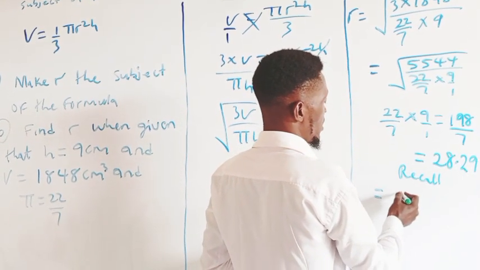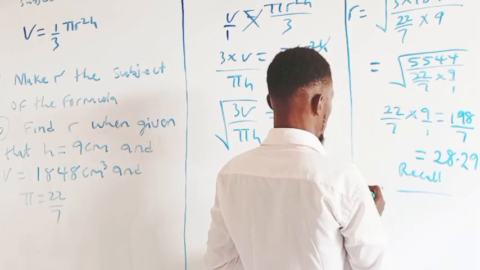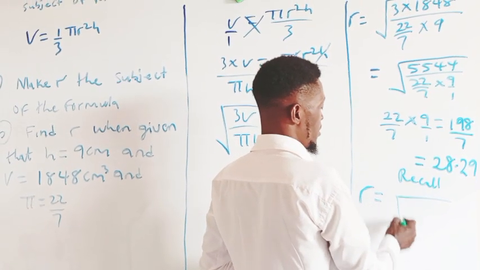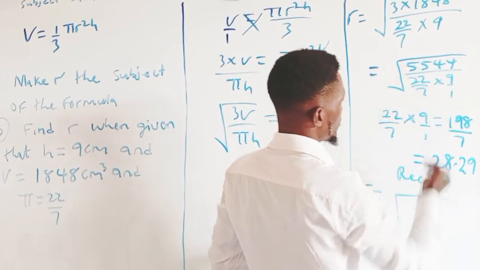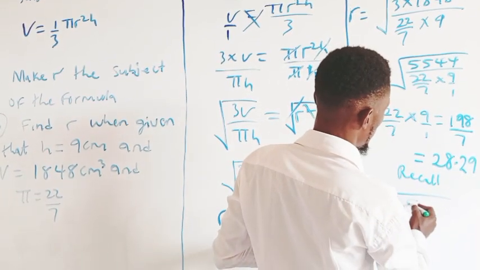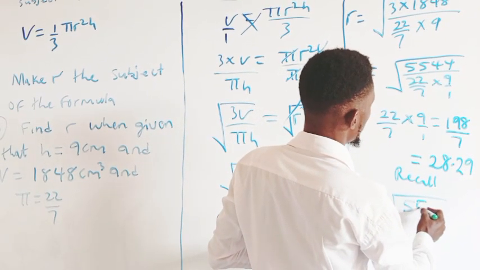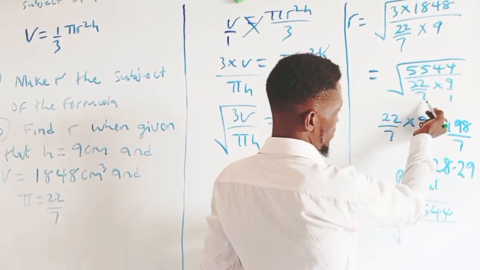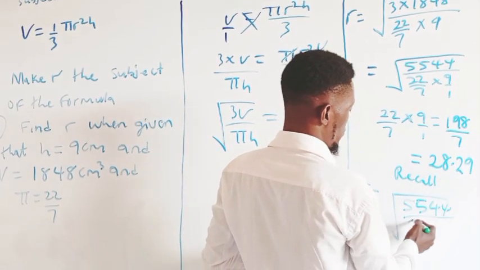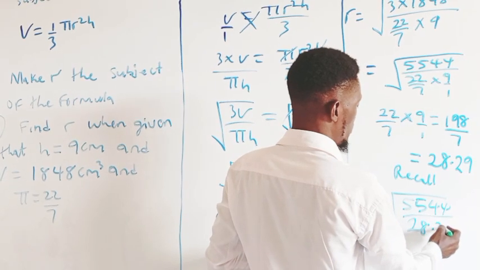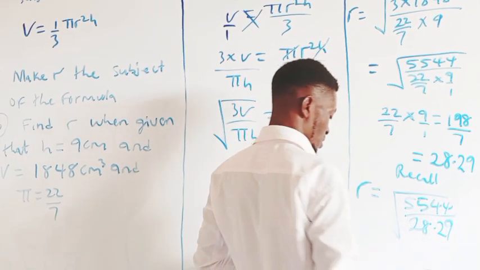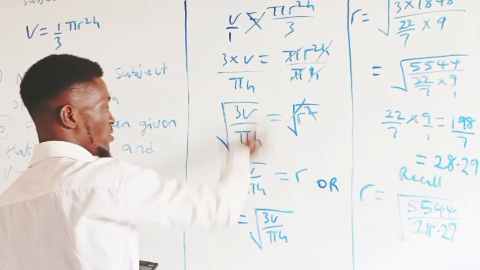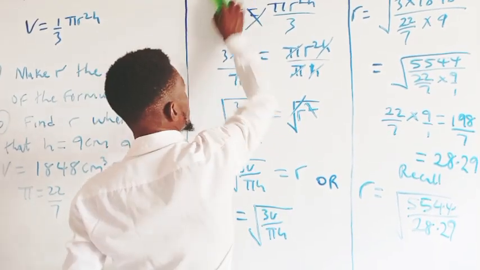Let me recall my initial question. Remember, this is our r. Our numerator is 5544 divided by our denominator, 28.29. I'm going to clean this side because we don't need it now.